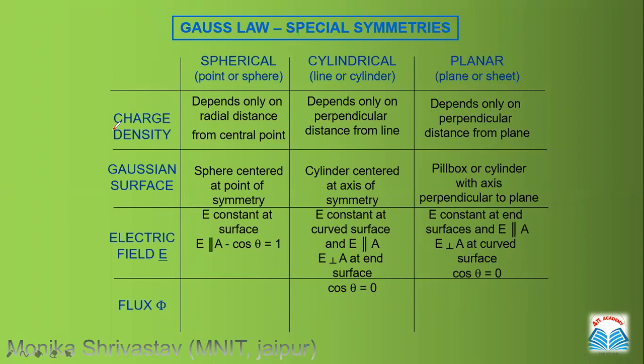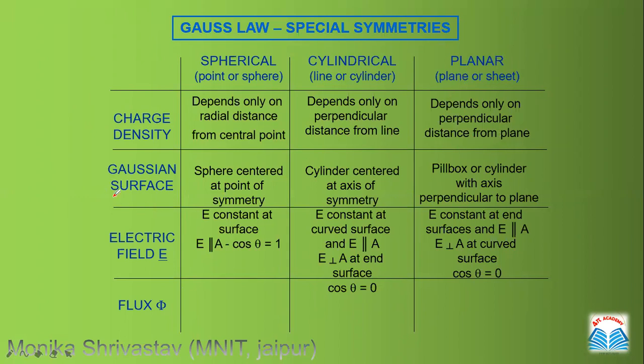Spherical symmetry has the charge density depending only on the radial distance from the central point. Cylindrical depends only on the perpendicular distance from the line, and planar depends only on the perpendicular distance from the plane.